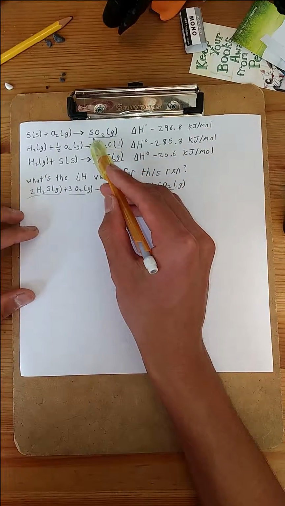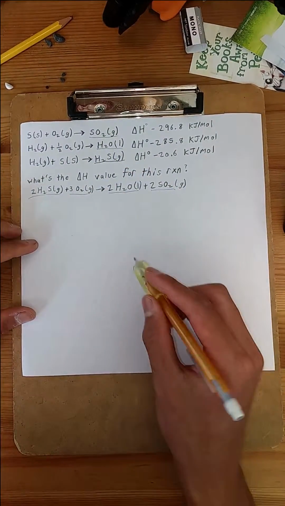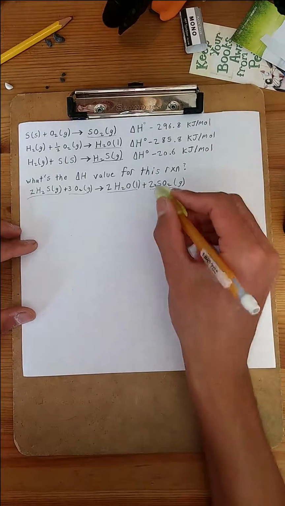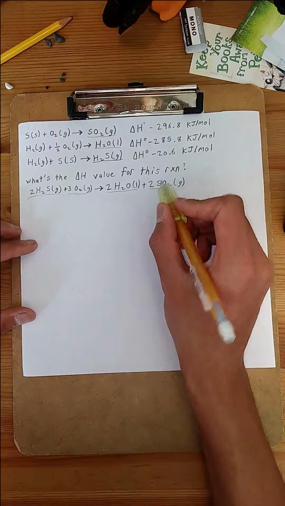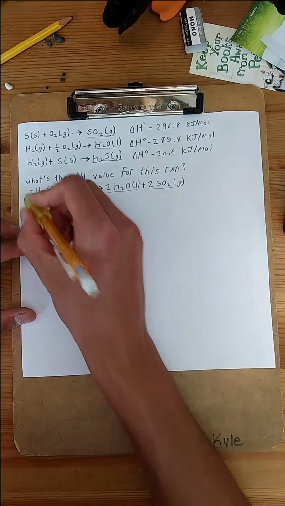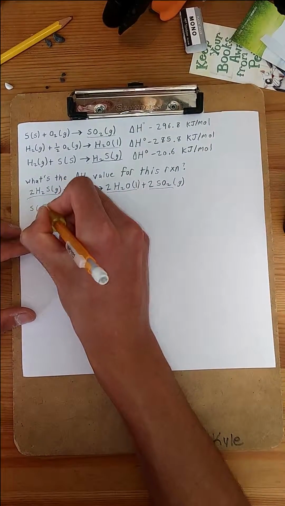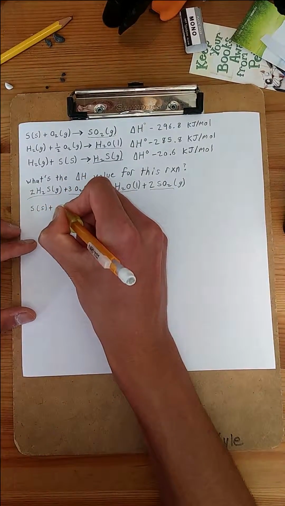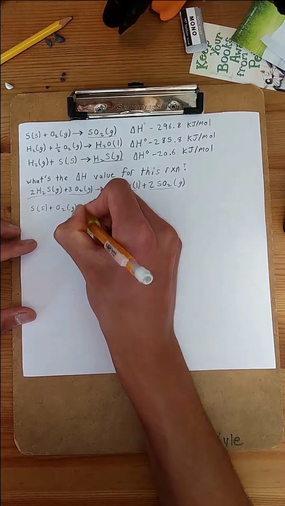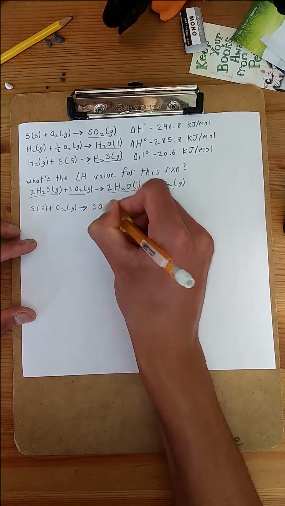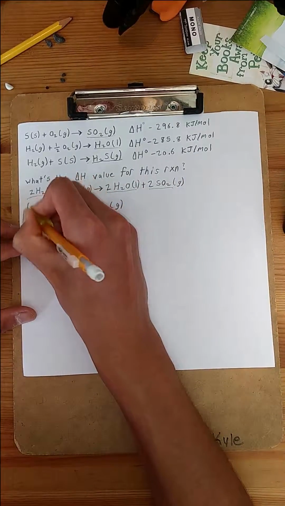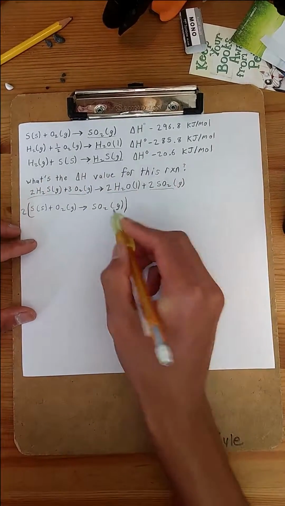So let's get to our 2SO2. When we want 2SO2, we have to multiply each by 2. We're just going to have to multiply everything by 2 to get this.